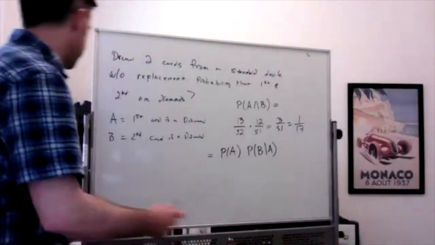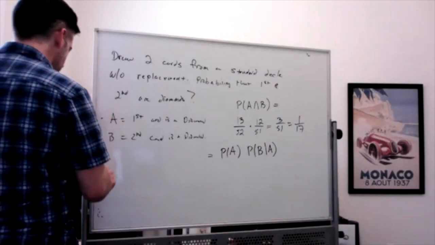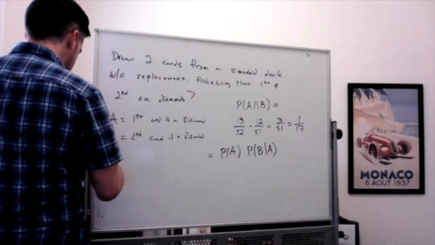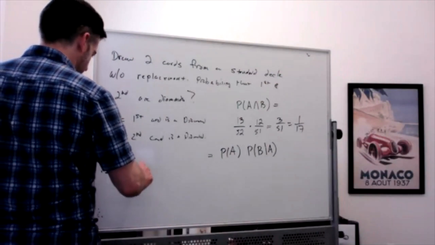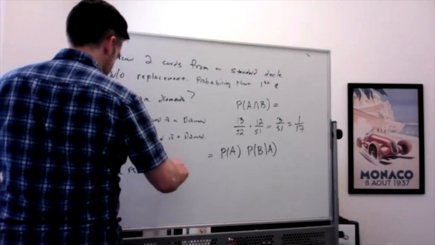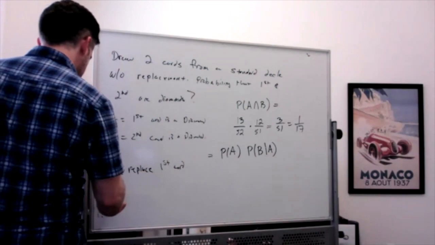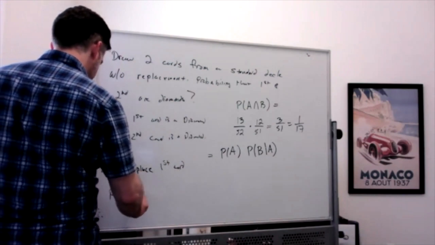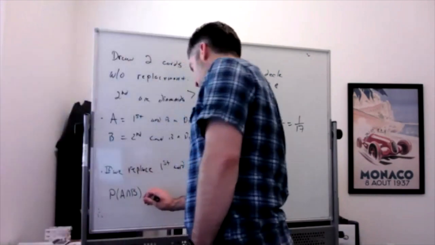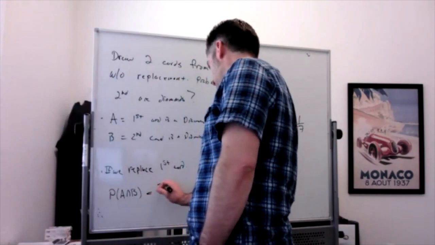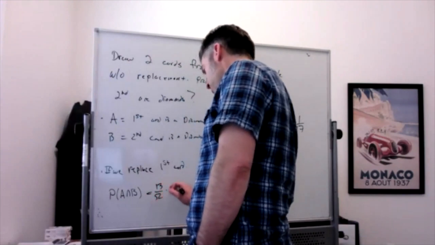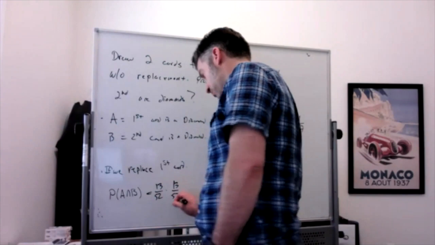On the other hand, and I know you talked about this too, if we do have replacement, so if we replace the first card, then the probability of A and B is going to be just 13 out of 52 times 13 out of 52.